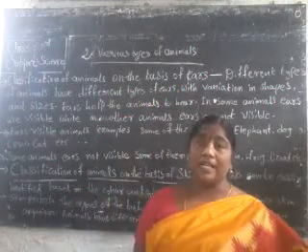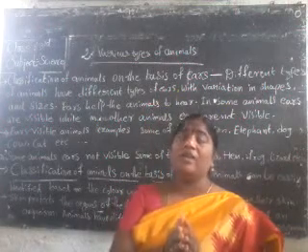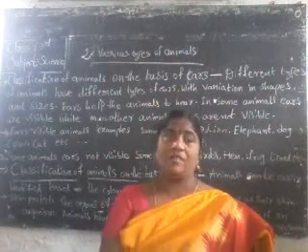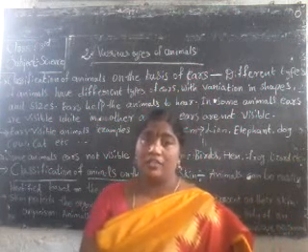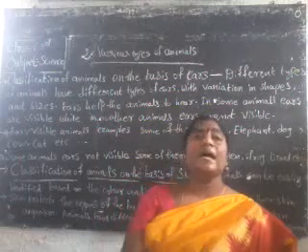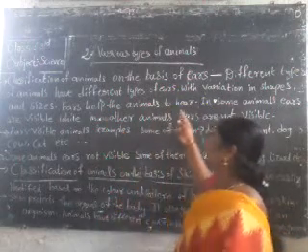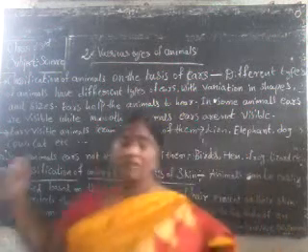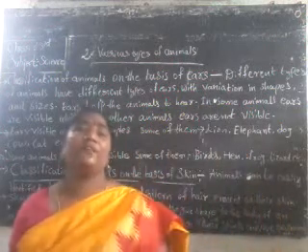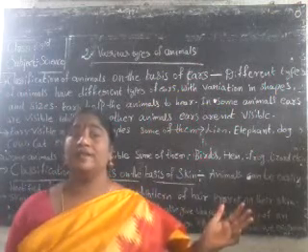This is how we classify animals on the basis of their shape, size and ears. Some animals have different types of ears. Then we can identify that the elephant has big ears.